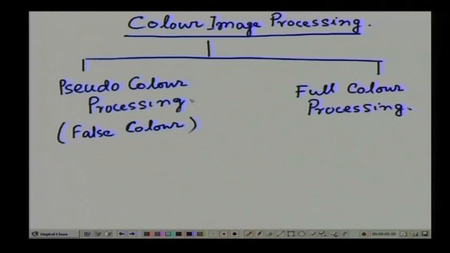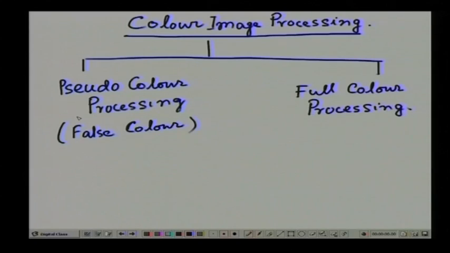In pseudocolor processing, as the name implies, these colors are not the real colors of the image, but we try to assign different colors to different intensity values. Pseudocolor processing assigns colors to different ranges of gray values based on certain criteria. Now, what is the purpose of assigning colors to different ranges of gray values?